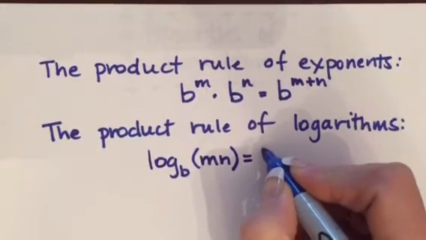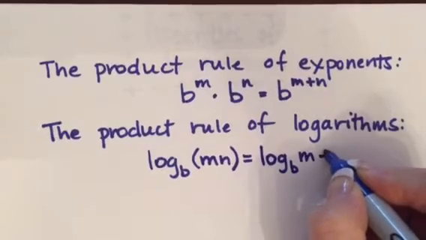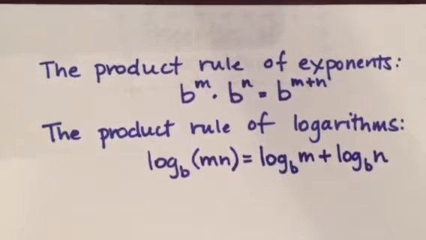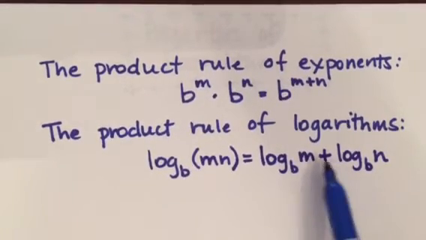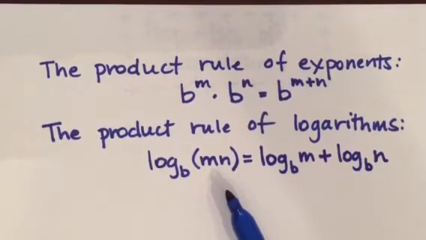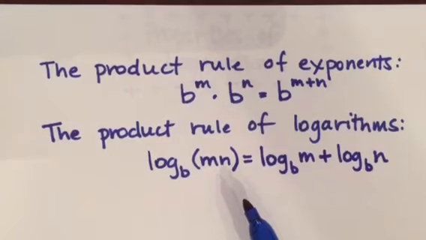So this would be equal to the log base b of m plus the log base b of n, if I were to break those apart. That allows us to take things that are a product already and break them apart and simplify them, or we can take things that are broken apart and put them together as a product. It depends on which way we are going. But we're going to start with some very simple examples that apply this rule.